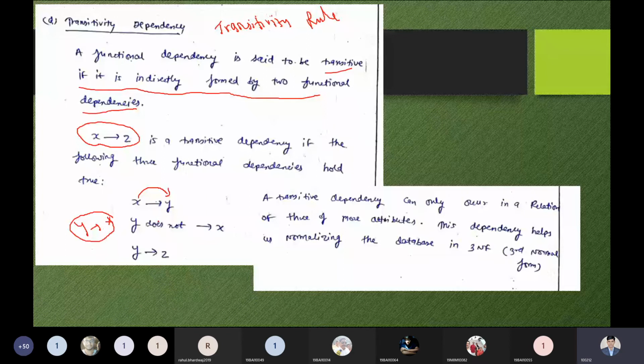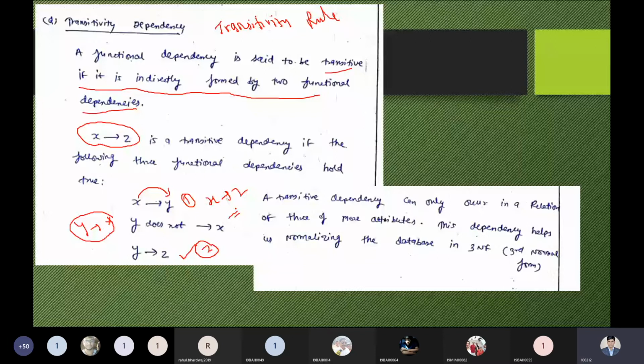And Y determines Z is also possible. If these two FDs, this one is the first and this is the second, are true, then at that time X determines Z is also possible, and here we have the transitivity rule. So after applying the transitivity rule, we can say we have the transitivity dependency.